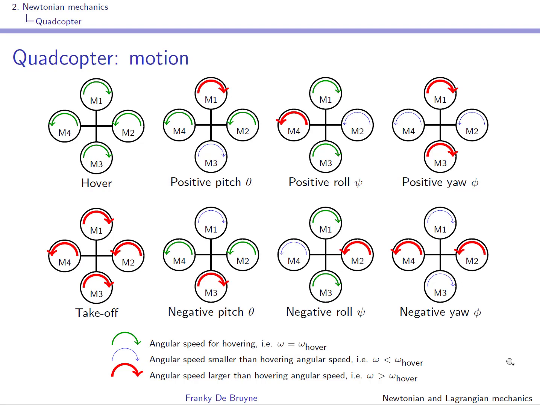If motor 4 is spinning faster, then you have a positive roll, and if it's motor 2 that is spinning faster, you have a negative roll. And yaw, you have to work with all 4 motors, and if the sum of the speeds of motors 1 and 3 is higher than the sum of the speeds of motors 2 and 4, you have a positive yaw. And of course, if you want to have a negative yaw, you have to do just the opposite.